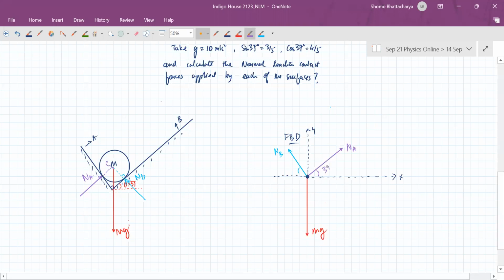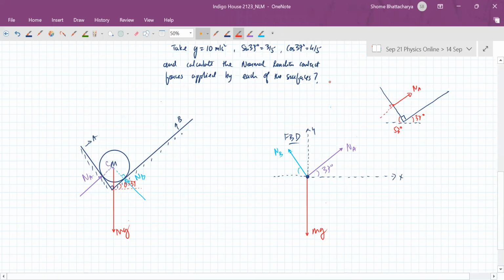Actually, that is not given directly, it is a little indirect, because see what is happening. What is given is that this is perpendicular and this angle is 37, which means that this angle is 53. Now the normal reaction acting at a point like this is perpendicular to this surface.